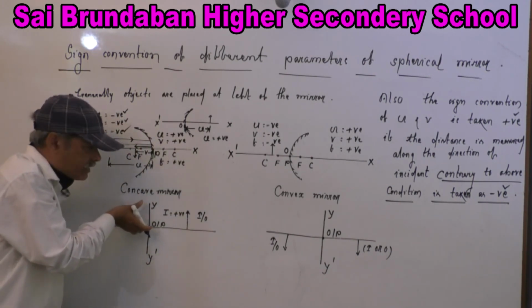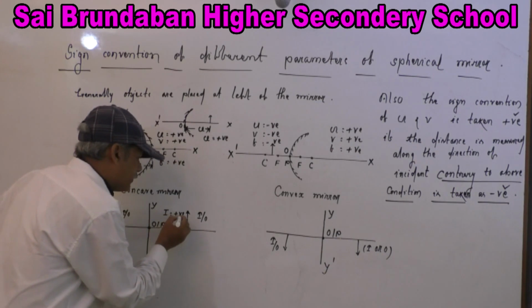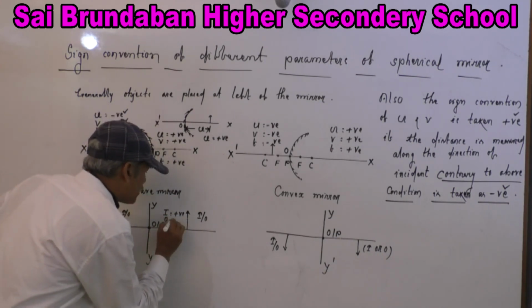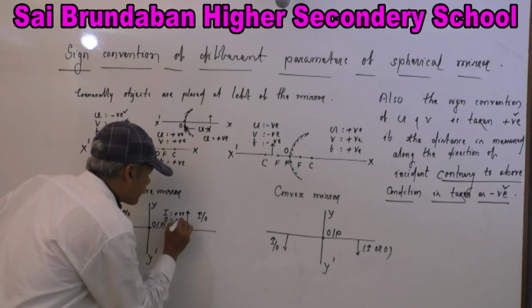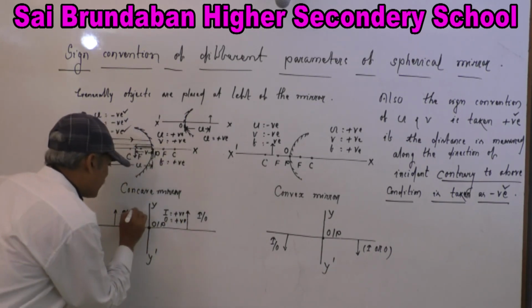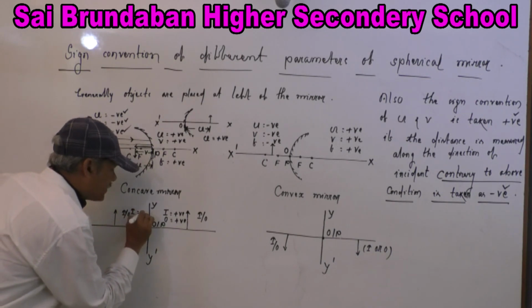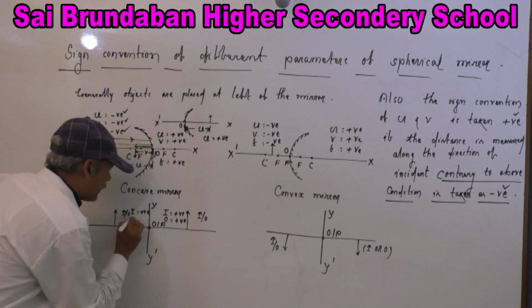So I is positive. Object length is also positive.